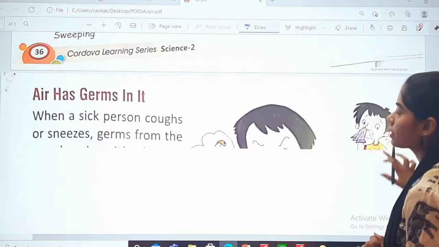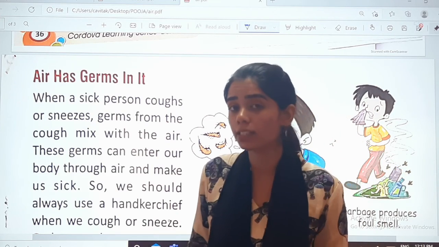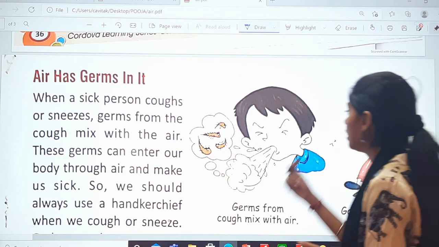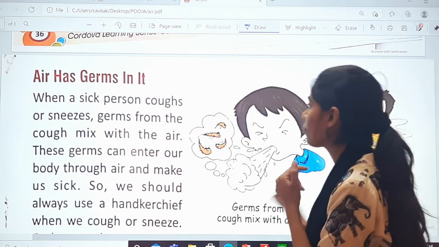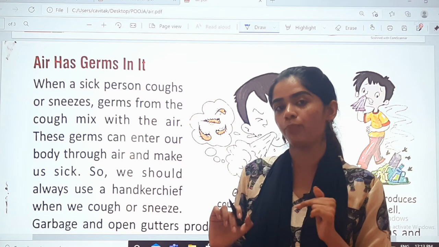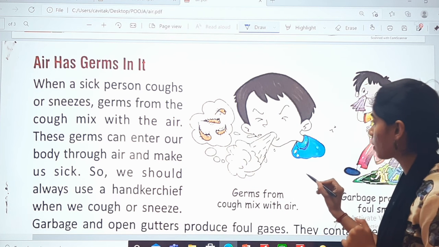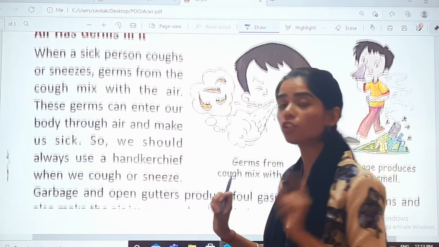Then we had discussed air has germs in it. When a sick person, जब कोई बीमार इंसान cough करता है, when they cough or sneeze, what happens? The germs from the cough mix with the air. जो cough का germs है वो air के साथ mix हो जाता है. So what should we do?